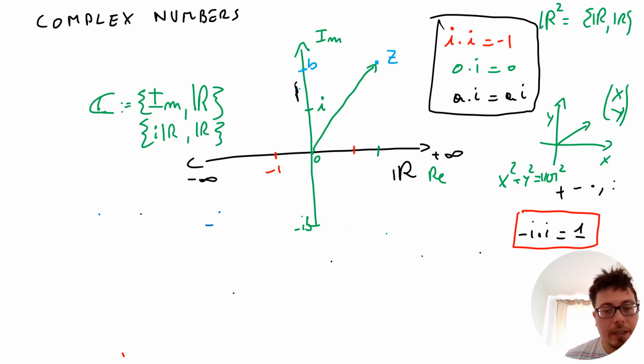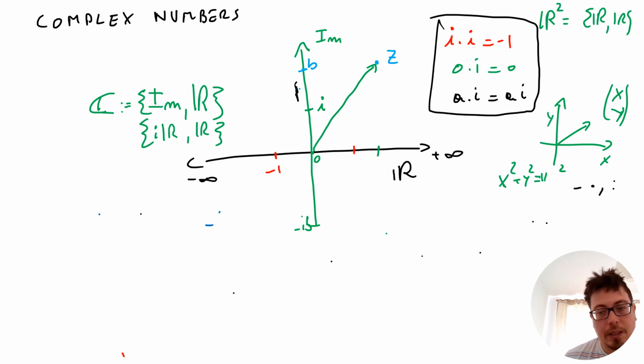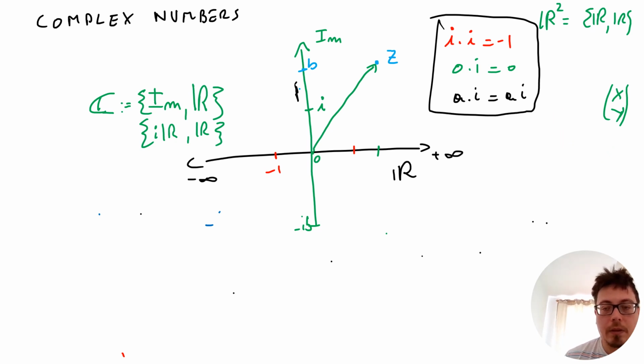And for that, I need to introduce the last bit, which is the exponential form of a complex number. So we know e to the x.